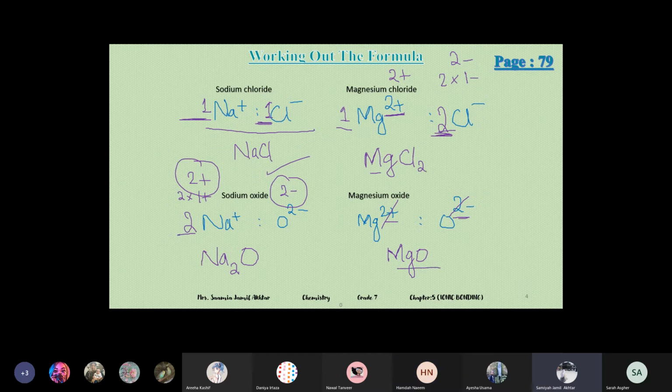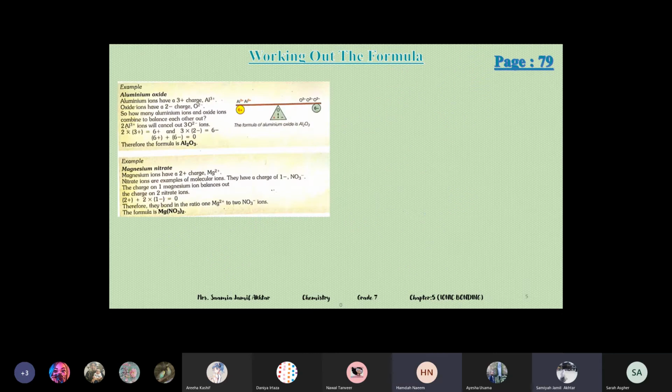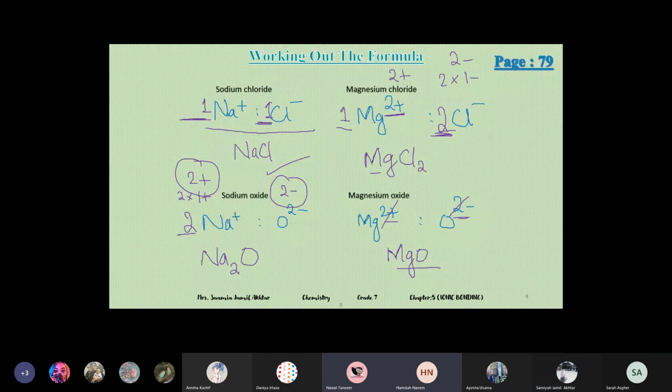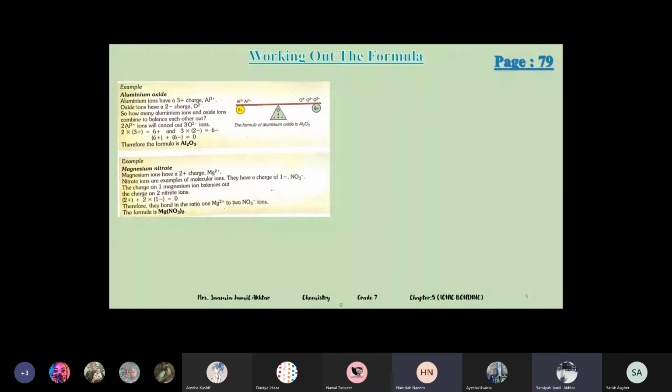Okay, now let's see the examples which are in the book. Aluminium oxide and magnesium nitrate. Could you move to the previous slide for a minute? Okay, aluminium oxide. See the example in your book. What is the charge on aluminium? It's given to you in the statement. 3 plus. And oxide? 2 negative.